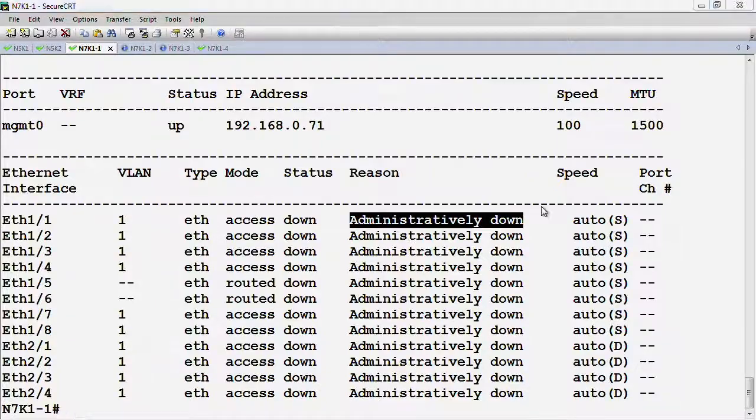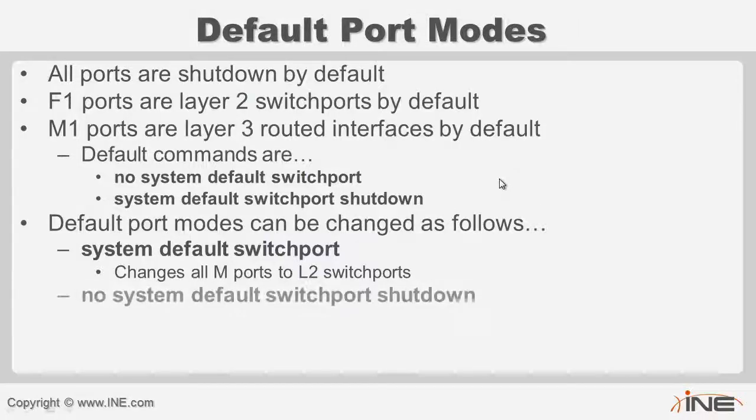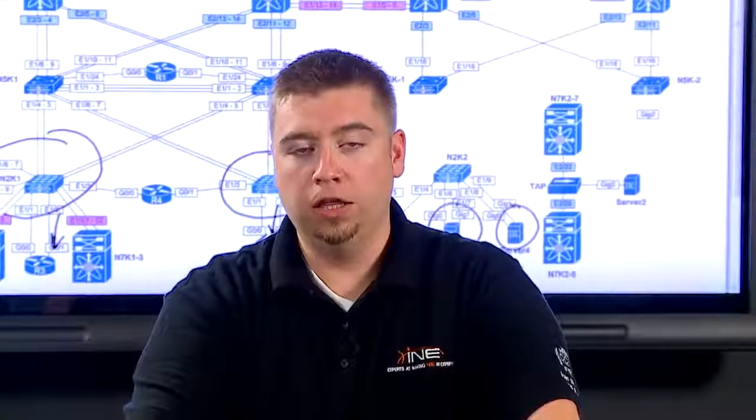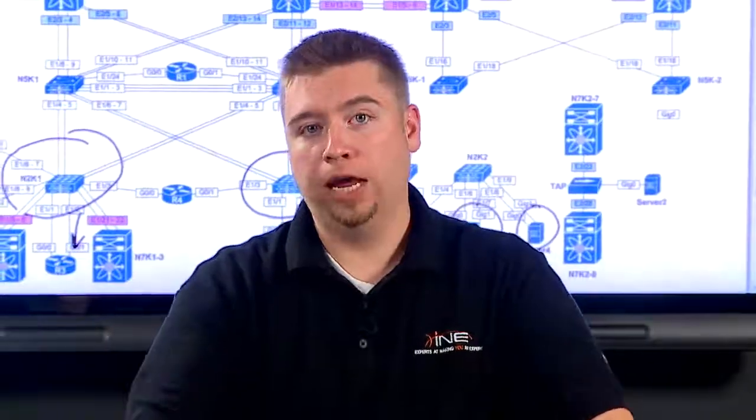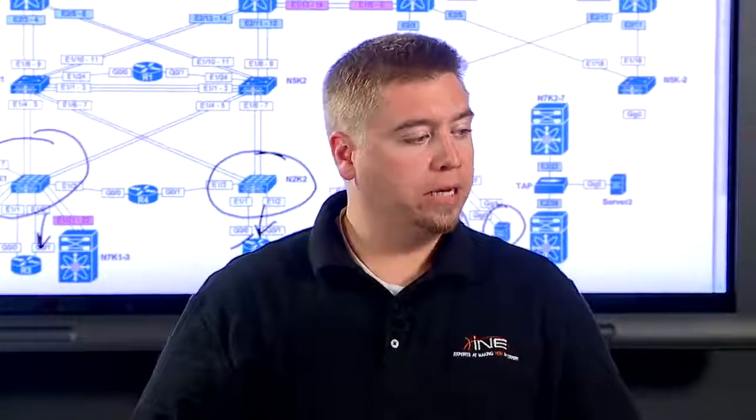If we were then to say the second command, which is kind of an odd option here, no system default switchport shutdown, it means that for all layer 2 switch ports that are currently in the shutdown state, we're going to put those in the admin up state. But what's a little bit odd about these changes is that it doesn't apply anything at the individual link level.